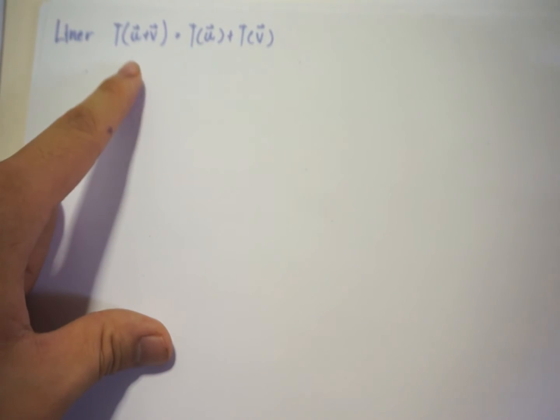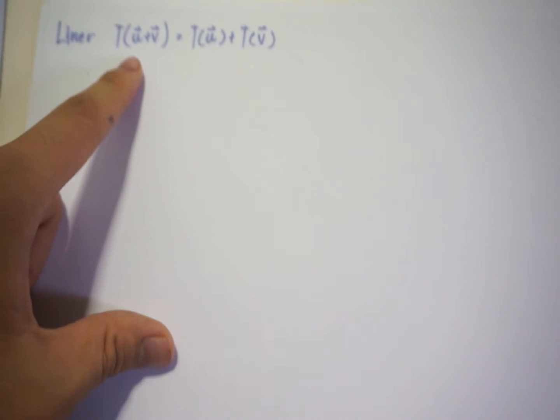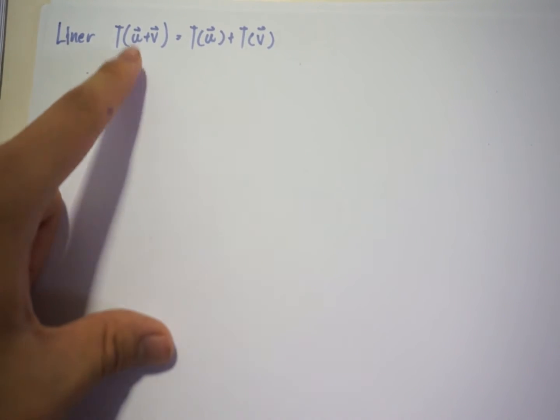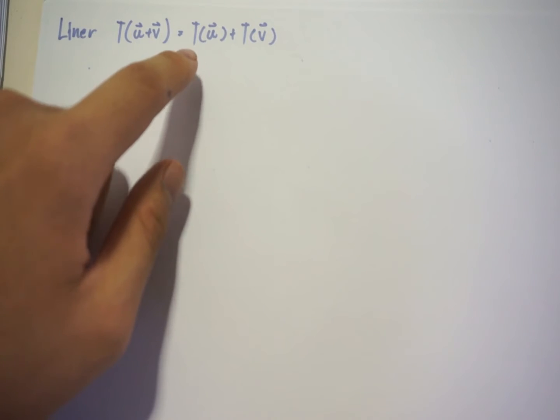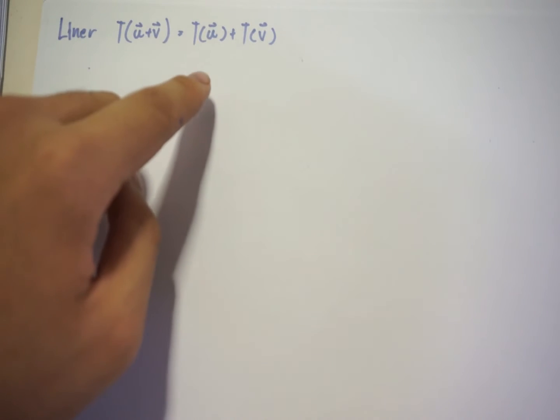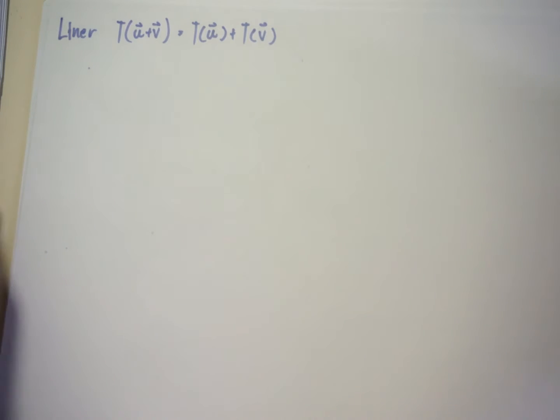By the linear we have this: the transformation of u plus v, which is equal to Tu plus Tv.